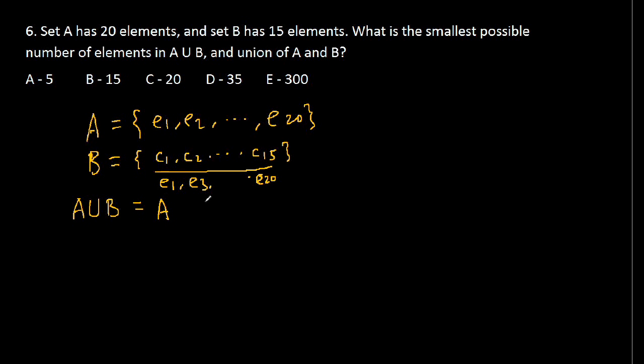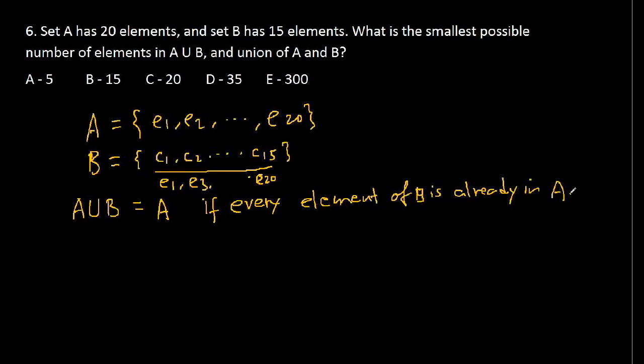So we say that if every element of B is already in A, and since A has 20 elements, right, the answer would be C.